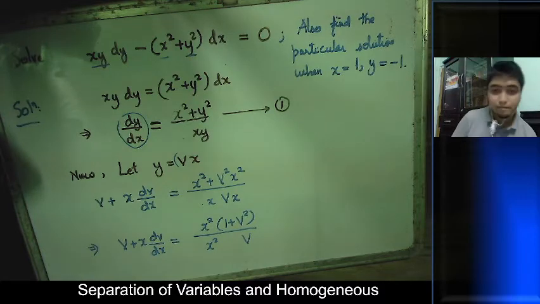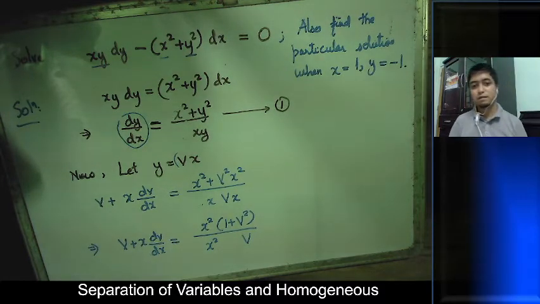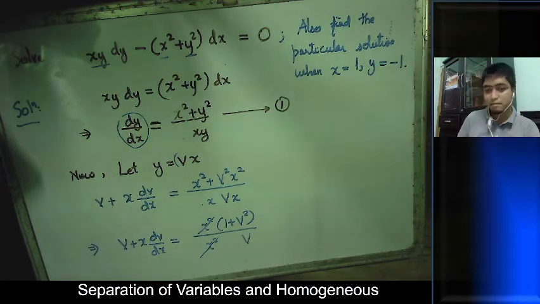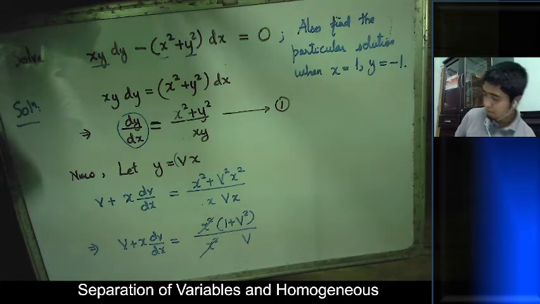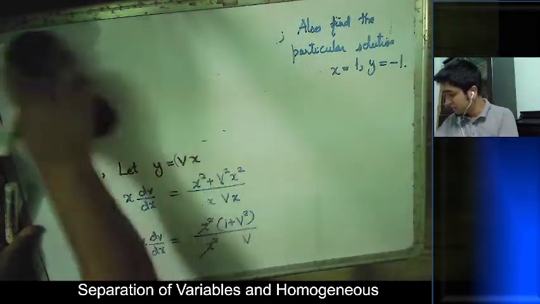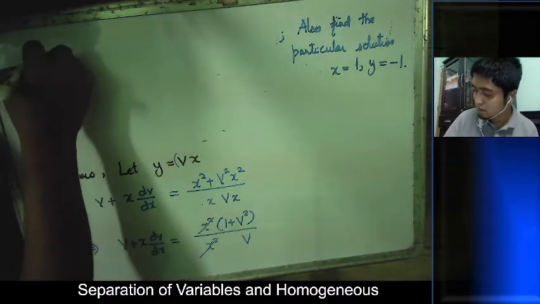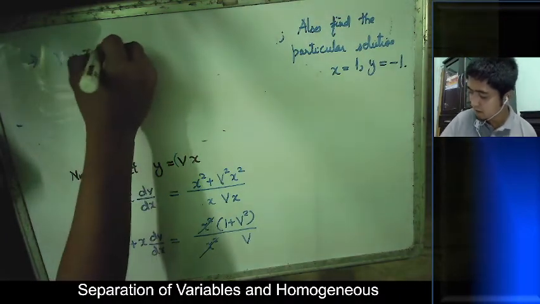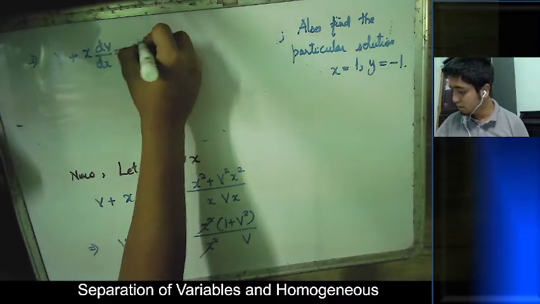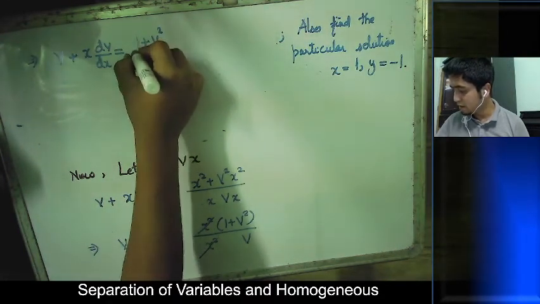Now after doing this, we notice that x squared can be cancelled. So we'll be getting v plus x dv/dx equal to (1 plus v squared) upon v.